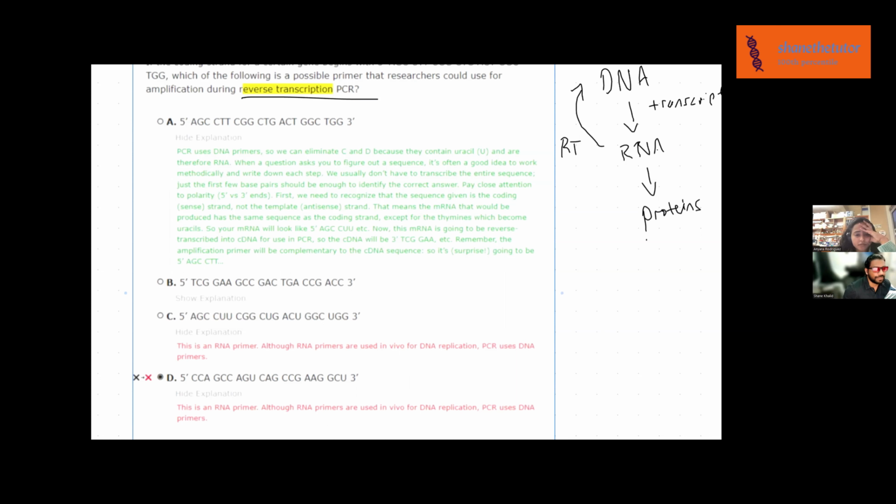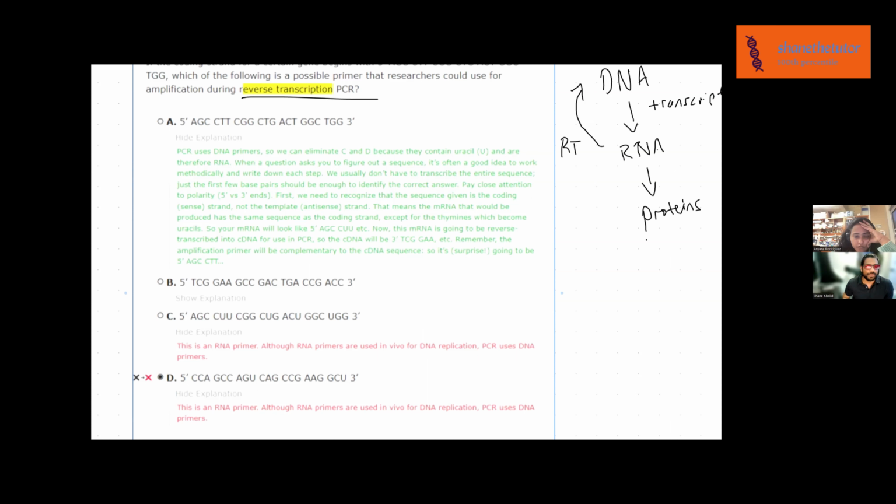Pay close attention to polarity, 5' ends versus 3' ends. First, we must recognize that the sequence given is the coding sense strand and not the template antisense strand. That means that the mRNA that would be produced has the same sequence as the coding strand, except for the thymines, which become uracils. So it should look like that.